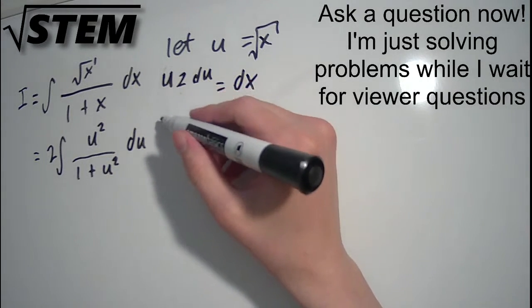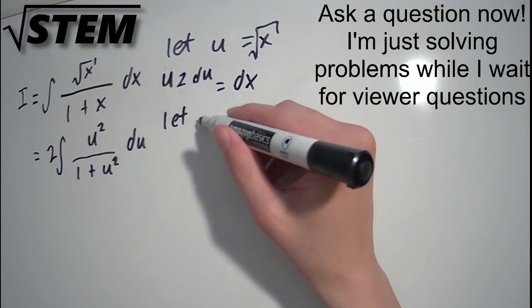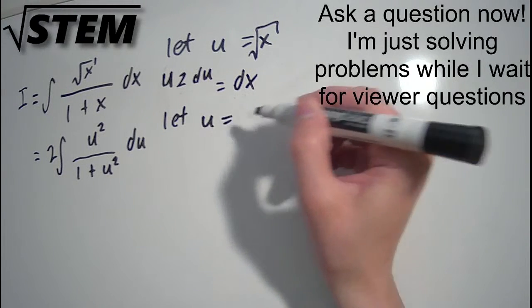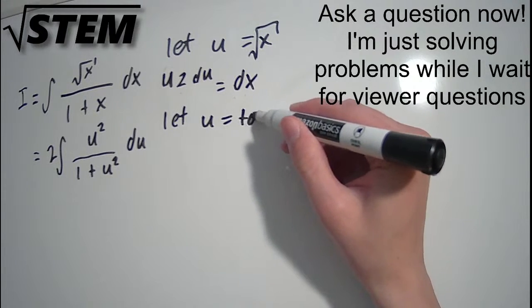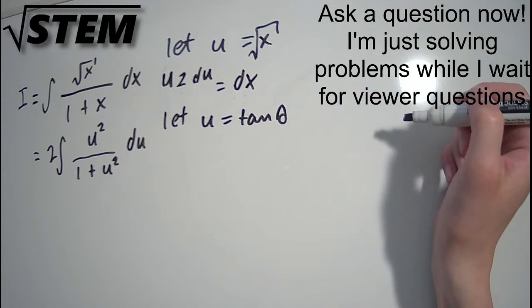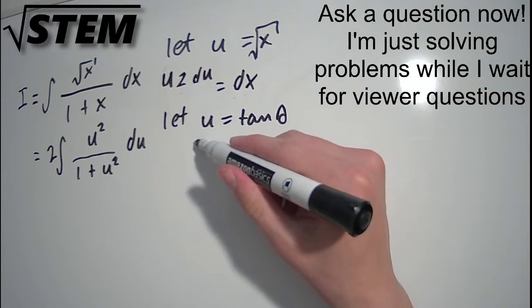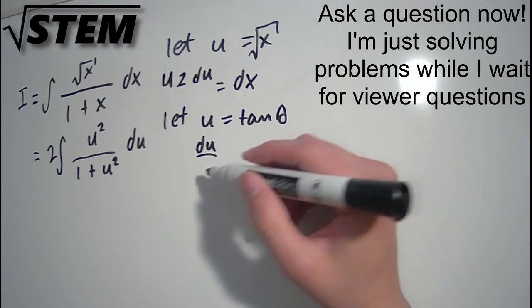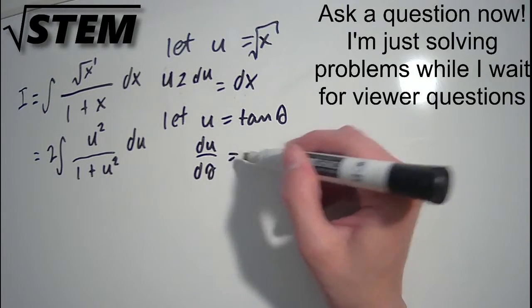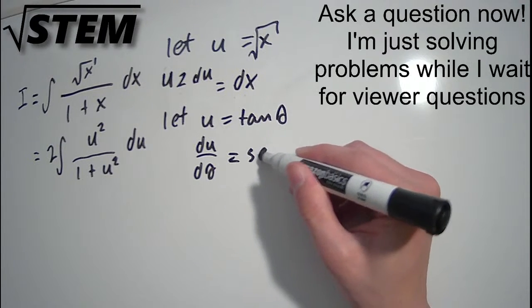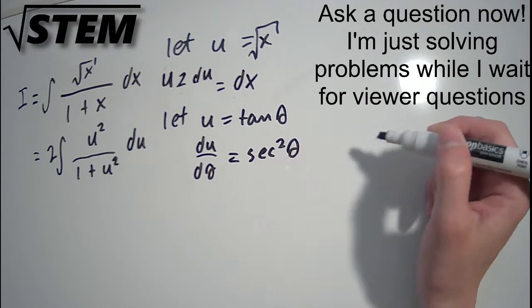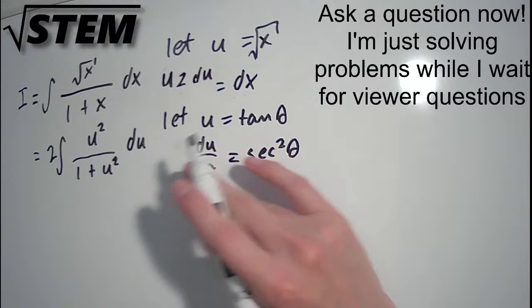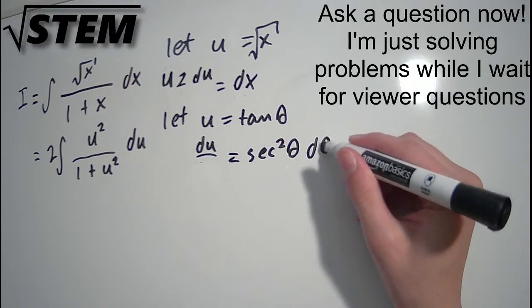So another substitution will let u equal the tangent of theta. Then I forgot about the du. du d theta would be secant squared theta. Bring the d theta over.